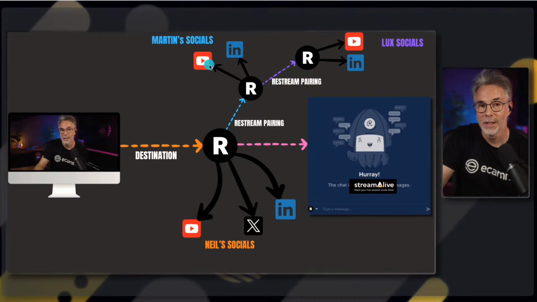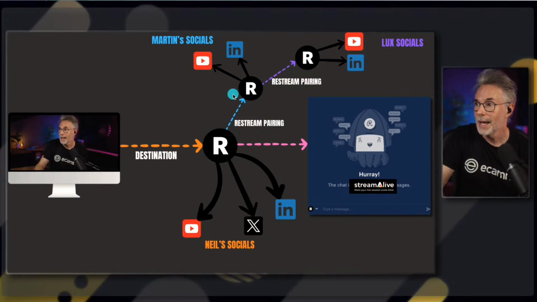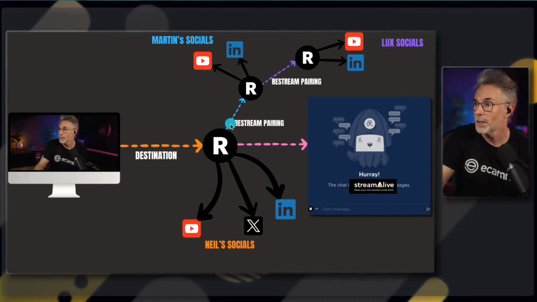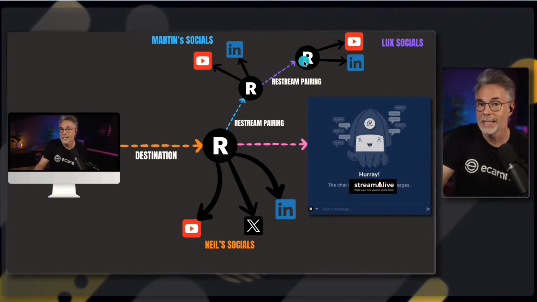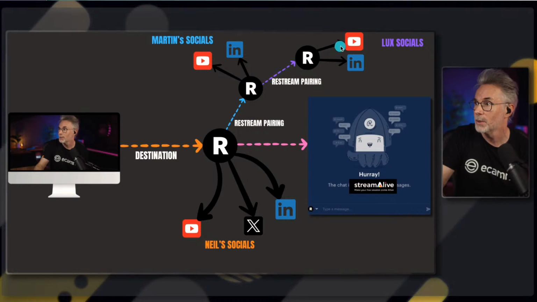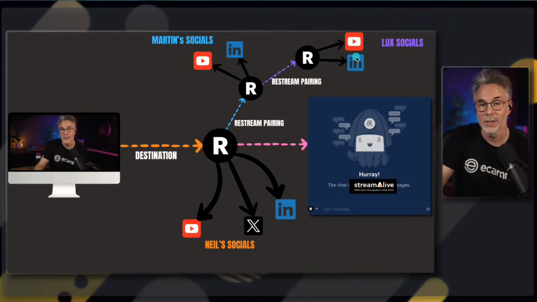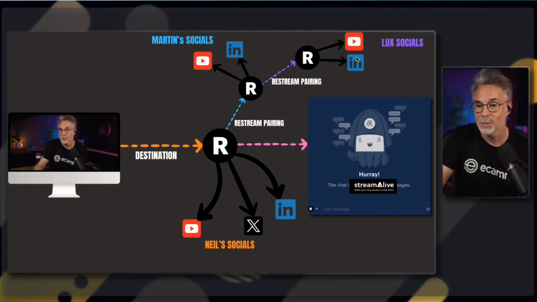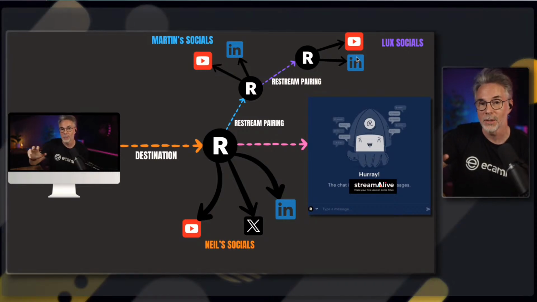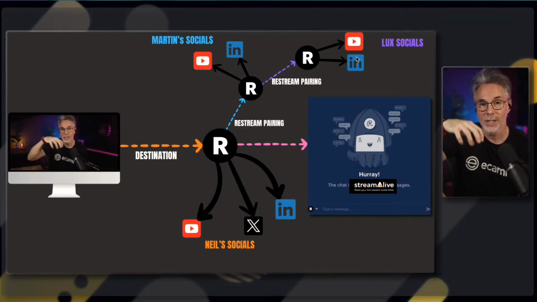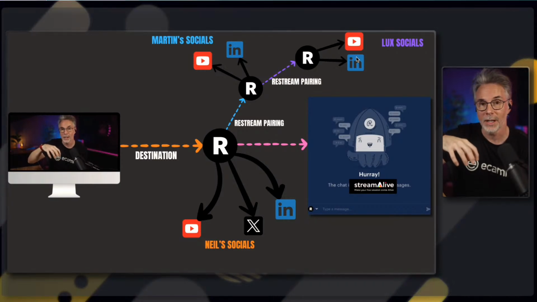So now he's going to YouTube and LinkedIn. And then the same for Lux. So I gave Lux my URL yesterday for Restream pairing, and he set his connection up to YouTube, LinkedIn, Twitch, and about a million other places as well. So there's lots of places now where we're actually multi-streaming to just by using the single Restream pairing account.